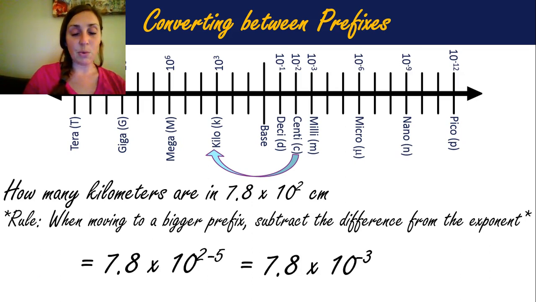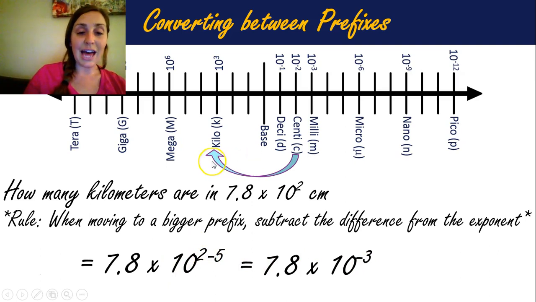Okay, so 7.8 times 10 to the negative 3 power now. And I have negative 3 because I had 10 to the 2nd, but when I go to the left, I need to make everything smaller, so I subtract the exponent. Don't forget your unit. That's the really important thing to have the final right answer. So this is to get to the kilo prefix, and we're measuring length or meters, so kilometers.